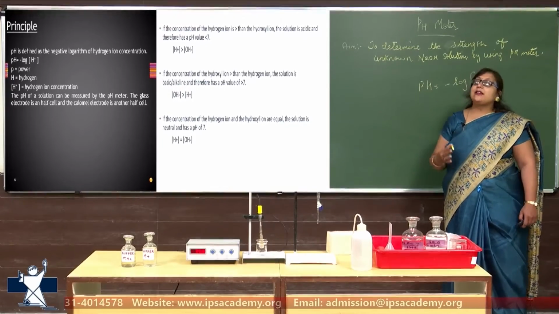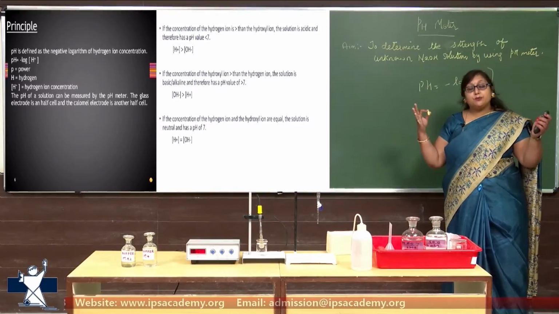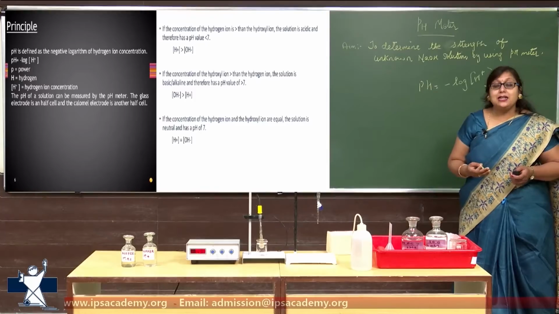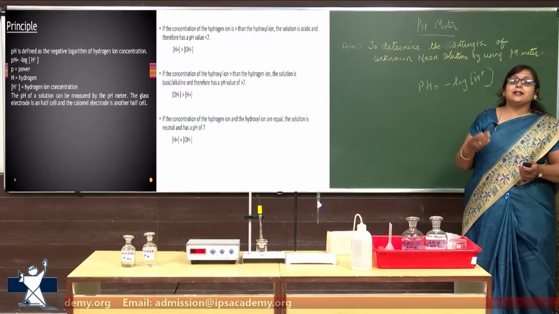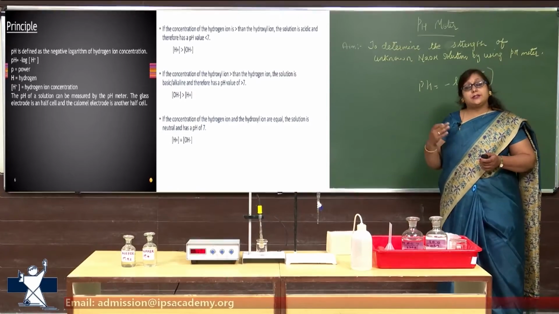The glass electrode is a half cell and the calomel electrode is another half cell, and when both these half cells combine together, they generate the electric potential and they behave like a battery, and they start a current. So, when the current flows, the pH is displayed on the display meter.